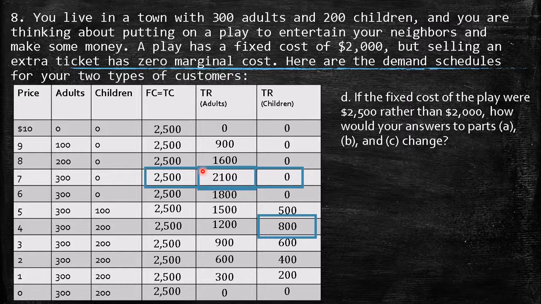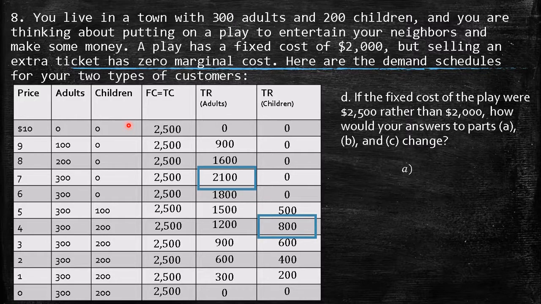Then the next part says, if the fixed cost of the play were 2,500 rather than 2,000, how would your answers to parts A, B, and C change? Here the only change is associated with the fourth column, because now the total cost should be 2,500.